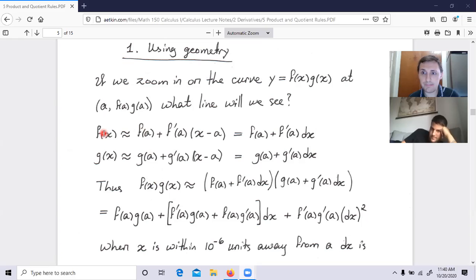f of x is a line locally. g is locally a line. That means that f times g is the product of those linear approximates.